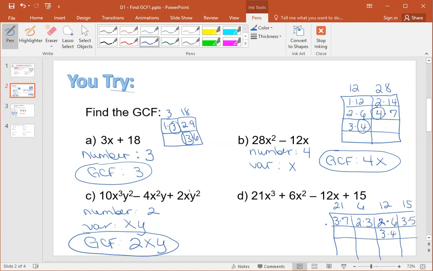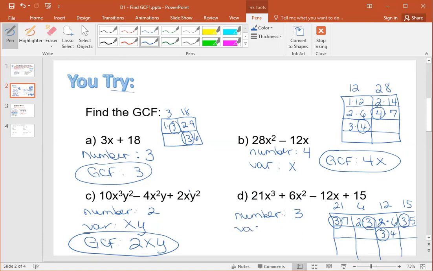Okay, so what's the largest number that I see that's in every one of these? And I see a 3 here, here, here, and here. So that means that 3 is the number portion. Okay, every one of these is divisible by 3. And you probably could have done that one in your head.